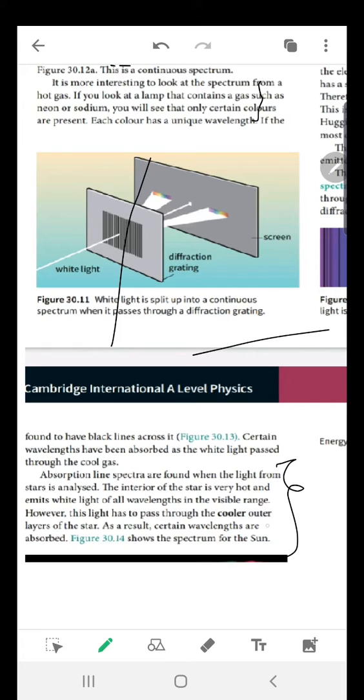Down there is one image from the book, which shows the spectra of the light. Basically, a star should be white in color, but when you look, you don't see it as white, which shows that certain wavelengths are getting absorbed by the outer layer.